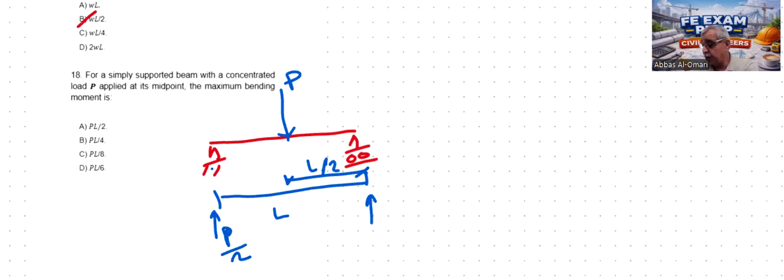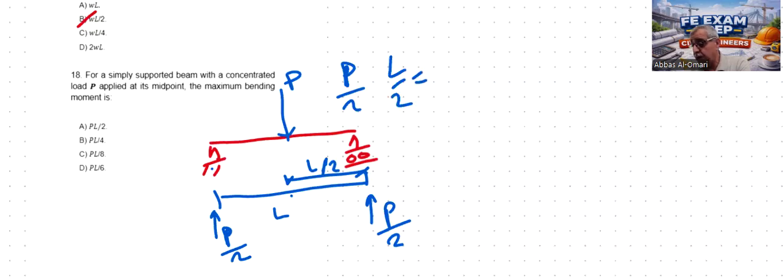So the moment at L over 2 is the reaction, P over 2, multiplied by the distance L over 2. So the maximum moment is PL over 4, which is B. So this is the correct answer.